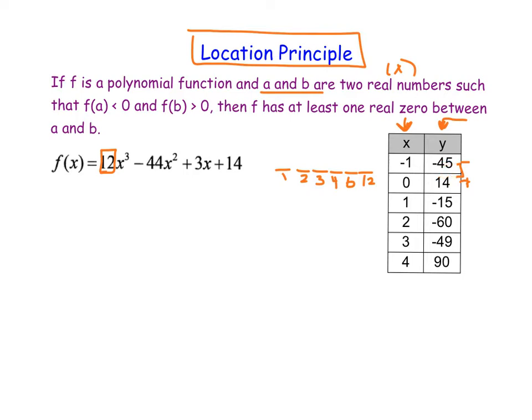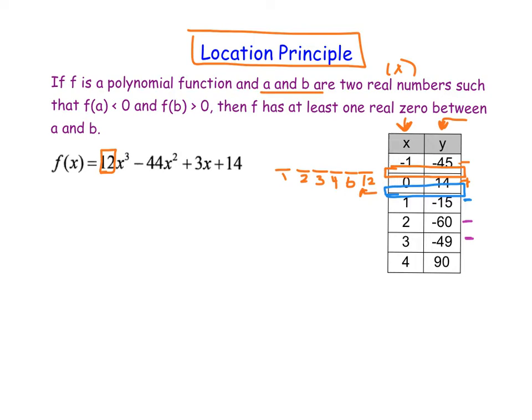Now if I look at the next set of y values, I notice that again I go from positive to negative. So that tells me that there is another zero between 0 and 1. So I found one between -1 and 0, and I'm then finding one between 0 and 1. And again, it's going to have these denominators here. Then if I keep looking, I notice this is negative, this is negative.